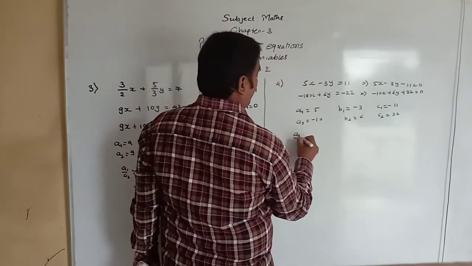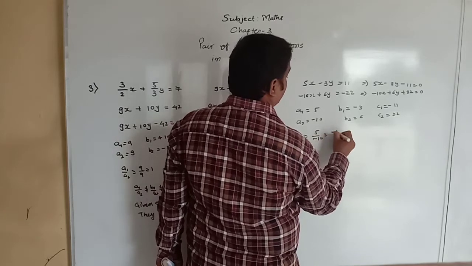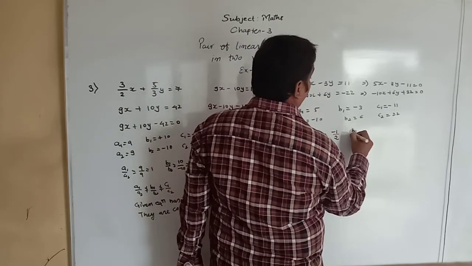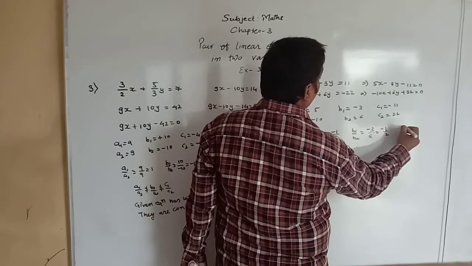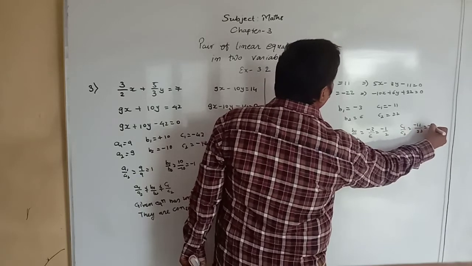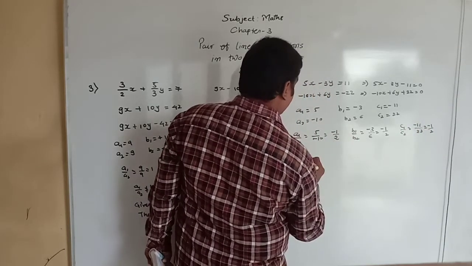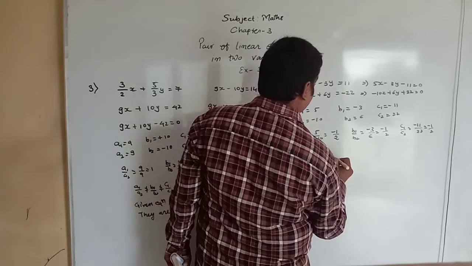So we take the a1 by a2 ratio, that is 5 by minus 10, and so it is minus 1 by 2. The b1 by b2 ratio is minus 3 by 6, so again it is minus 1 by 2. And the c1 by c2 ratio, we take minus 11 by 22, which is also minus 1 by 2. So we can say that a1 by a2 equals b1 by b2 equals c1 by c2.